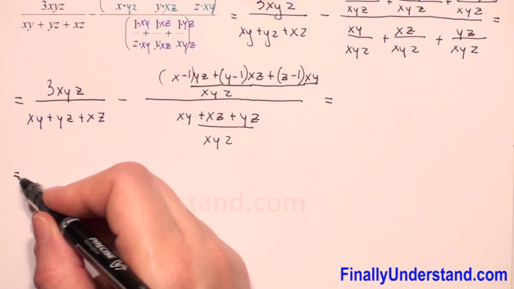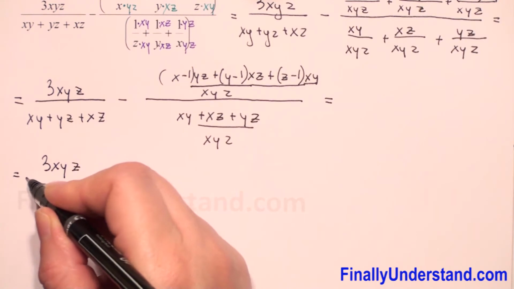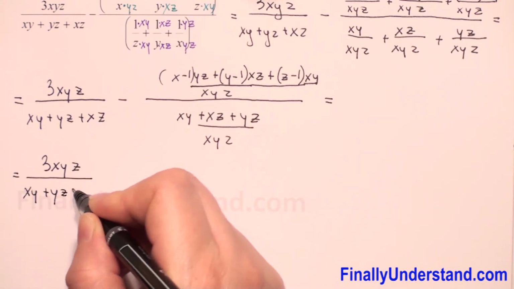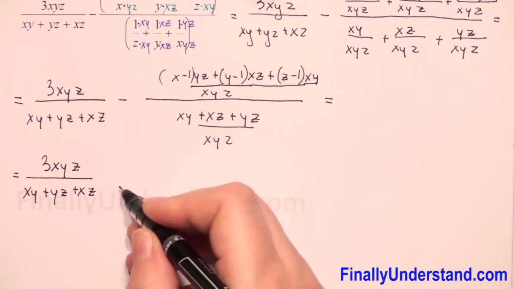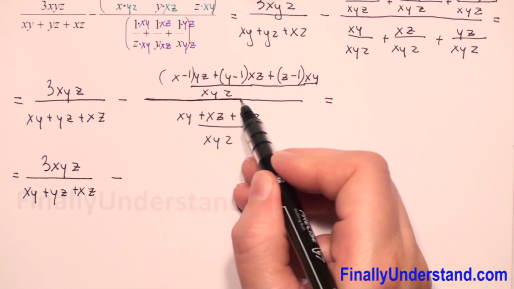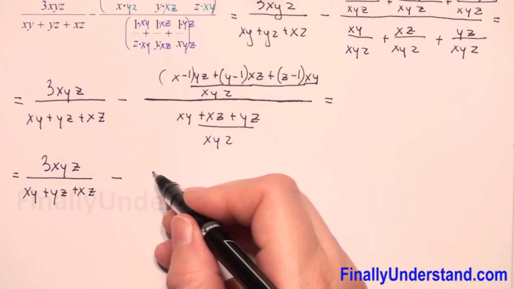We will copy the first algebraic fraction, minus, and now I will change the main fraction bar to division. So let me copy the first fraction.